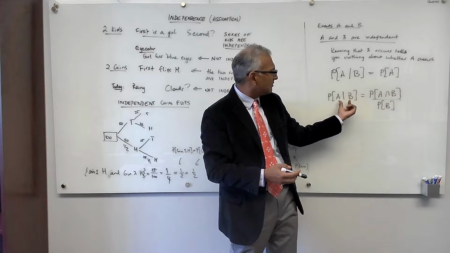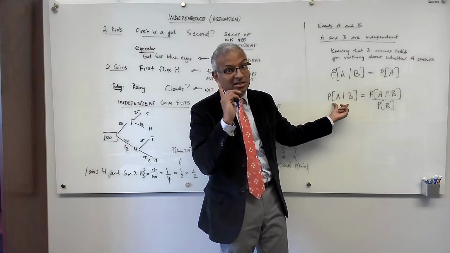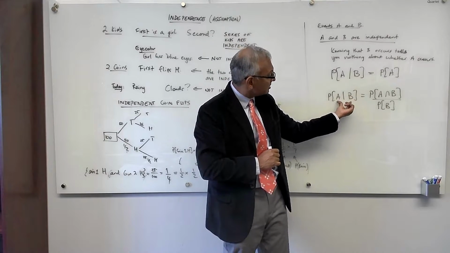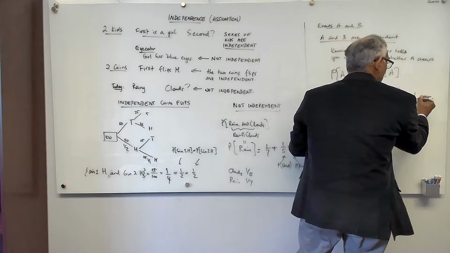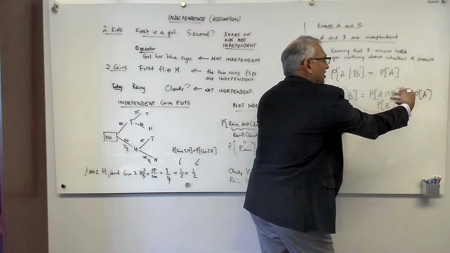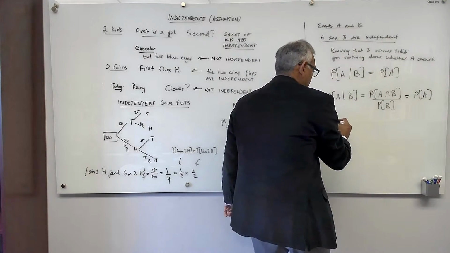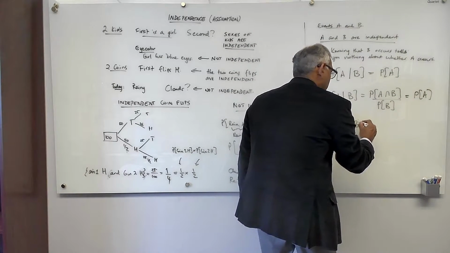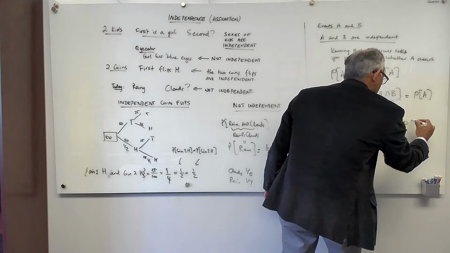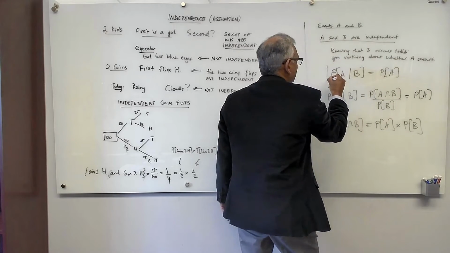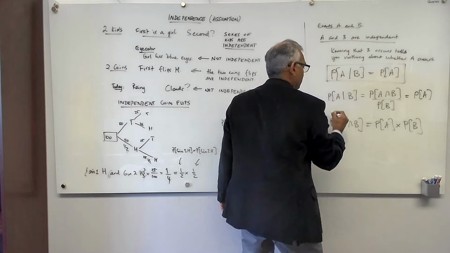But now we're saying that when we have independence, so it's an assumption, it doesn't always hold, this guy is equal to the probability of A. Now let's just rearrange terms, and you see that we get that the probability of A and B is equal to the probability of A times the probability of B. Okay, so I'm going to box this. And I'm going to box this.